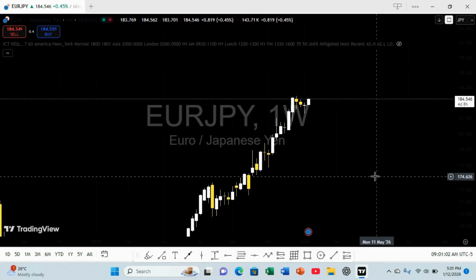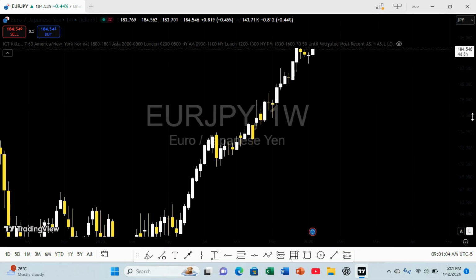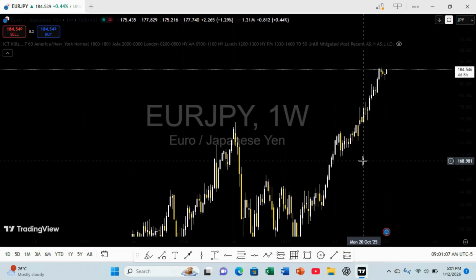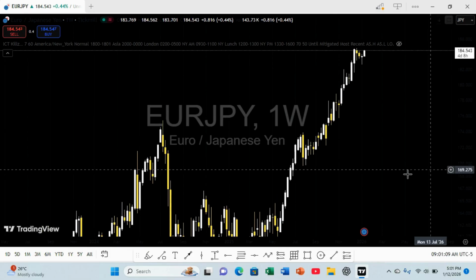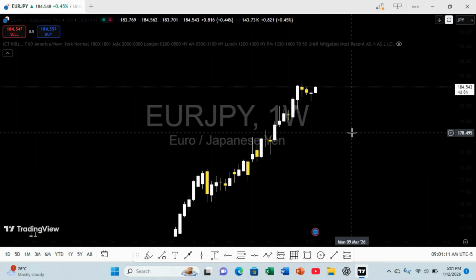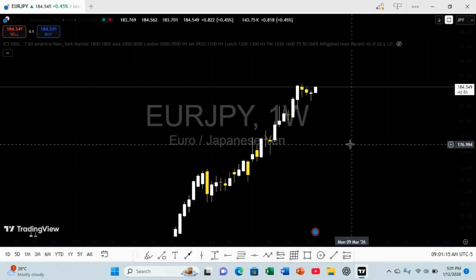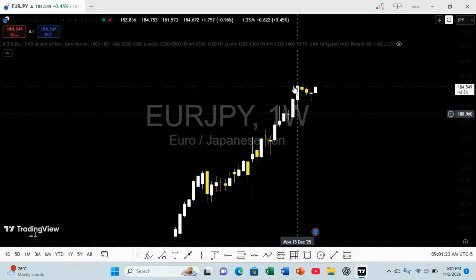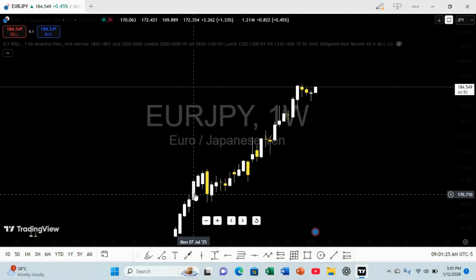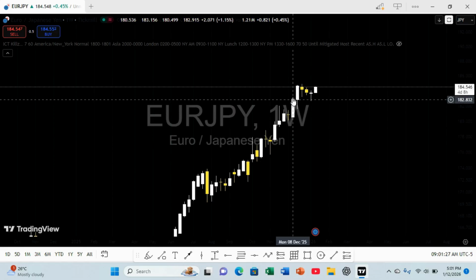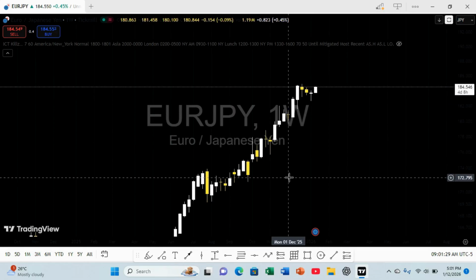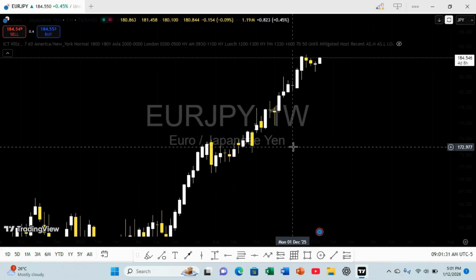We always look for discount PDRs. Discount PDRs include order blocks, fair value gaps, breaker block, propulsion block, rejection block. When you look at my chart, the white candle represents the bulls, the yellow candle represents the bears.